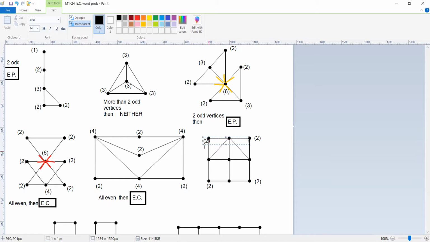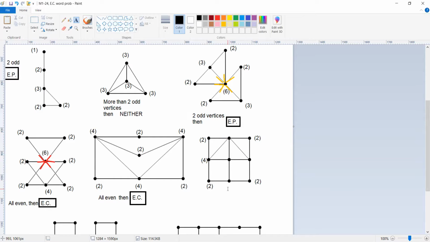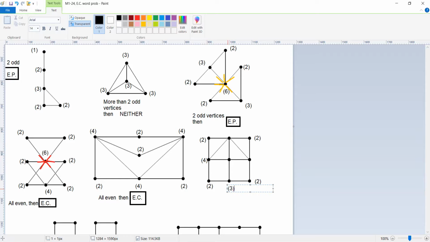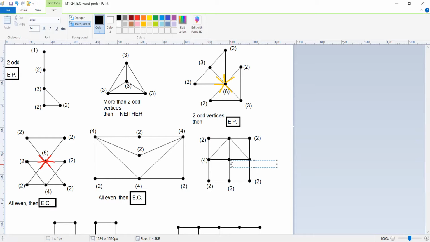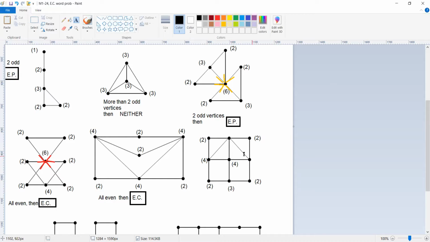Degree 4 is the next one. This is degree 3, the bottom middle. The very middle is degree 4. Let's go to the side. They're all even still, so I'm going to keep checking.